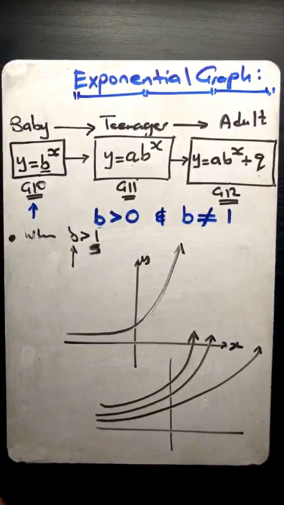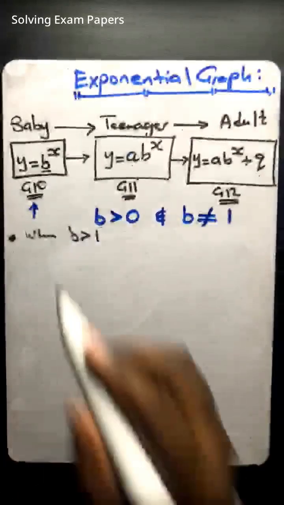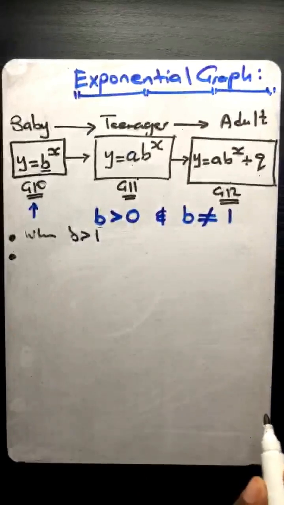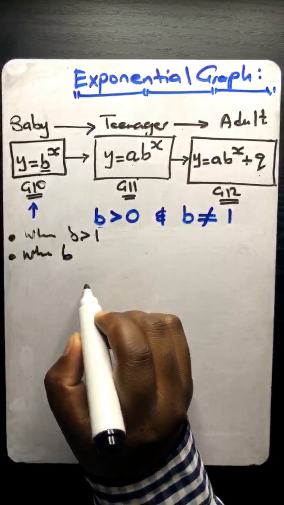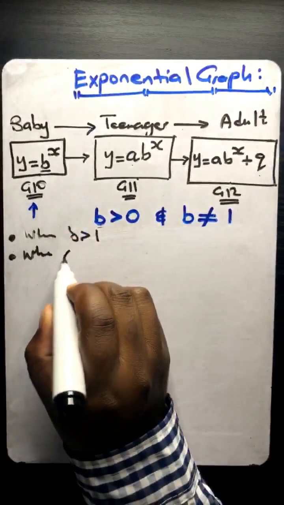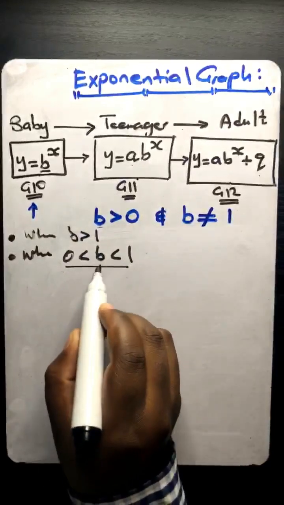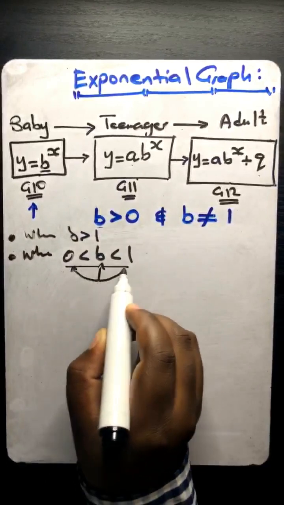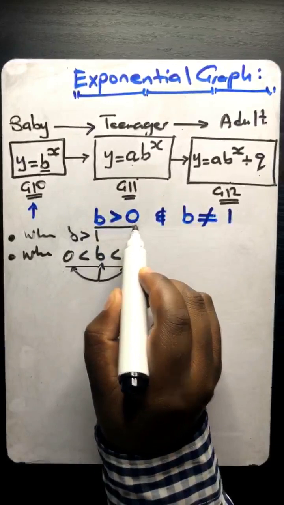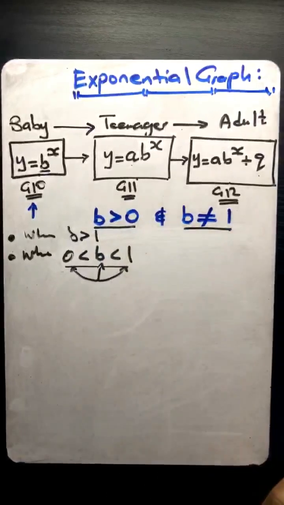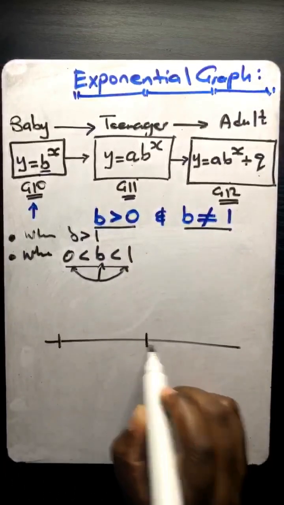Now let's move on to bullet number 2. That's when something might make sense. For bullet number 2, they say when this b value is between 0 and 1. Remember, here we are saying b will be greater than 0 and it will not be equal to 1. Maybe let me do a number line so that it makes sense.